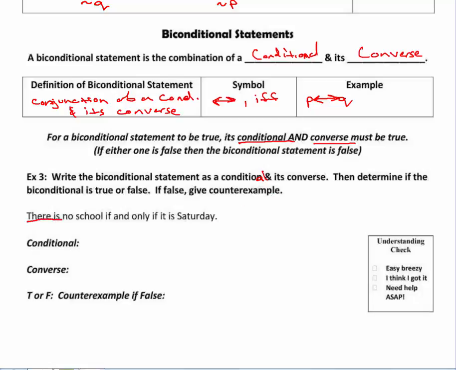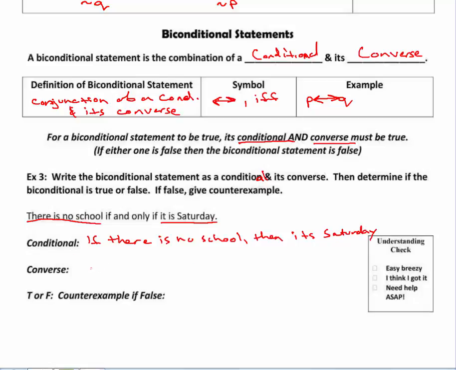So there is no school if and only if it is Saturday. So that if and only if is a key component of a biconditional. It means that this statement can be read both ways. We say there is no school if and only if it is Saturday. Well, you could also say it is Saturday if and only if there is no school. So our original statements are if there is no school, then it's Saturday.